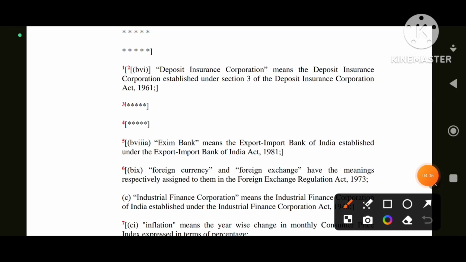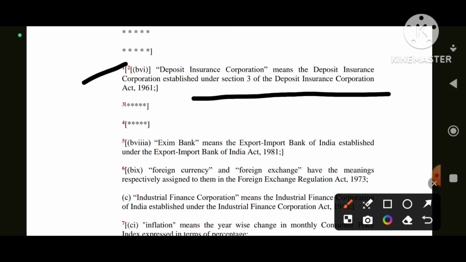Next clause is B6, Deposit Insurance Corporation, means the Deposit Insurance Corporation established under section 3 of Deposit Insurance Corporation Act 1961. We also call this DICGC. Next is Exim Bank. This is clause B8A. Exim Bank means Export Import Bank of India, established under the Export Import Bank of India Act 1981.